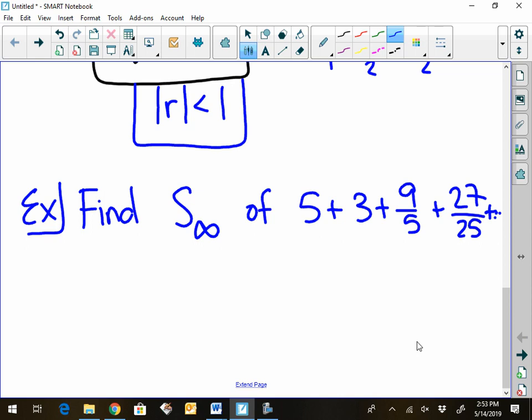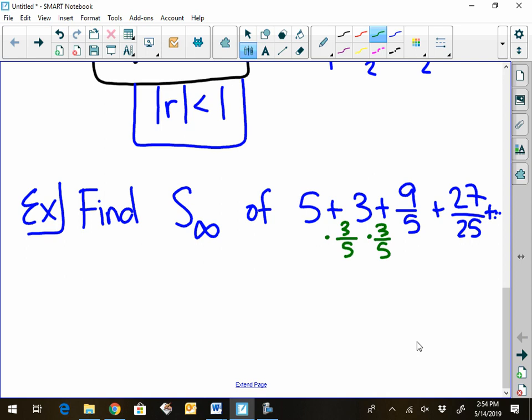So here we have an infinite series, and we're going to figure out what is our common ratio. Well, how did we get from 5 to 3? Well, we'd have to divide by 5, right? So we multiply something over 5, and that something would have to be 3, right? So 5 times 3/5, the 5's cancel, and we get 3. If we multiply again by 3/5, 3 times 3 is 9, over 5, we get our next one, right? So that's what we're going to multiply each term by.